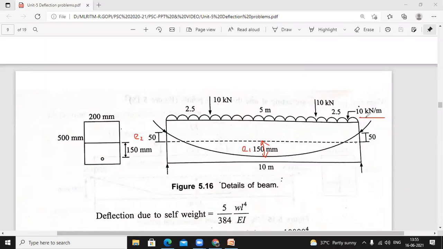In addition to UDL load, 2 point loads are acting at 1/4. 1/4 means 10 by 4, it is 2.5 meter. Here 2.5 meter and here 2.5 meter. 10 kilonewton, 10 kilonewton. So this is live loads. Two point loads and one UDL load are the live loads.